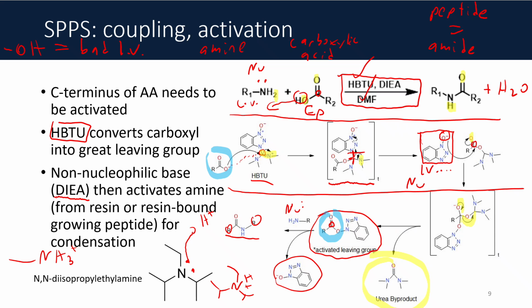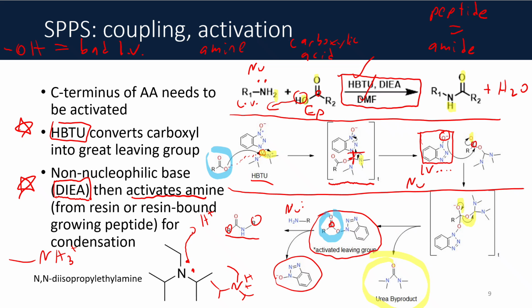This DIEA is going to activate the amine and keep it active. HBTU is going to activate the acid. So they have complementary roles, these two entities. And if you're wondering, well, why don't you just use sodium hydroxide?